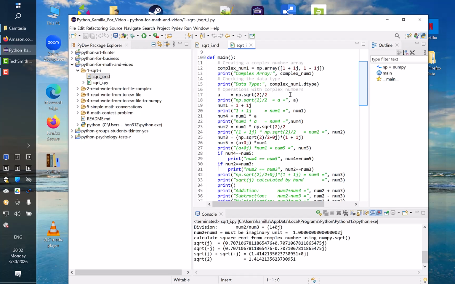And then we have an example with a square root. Where is it? Square root of num3.